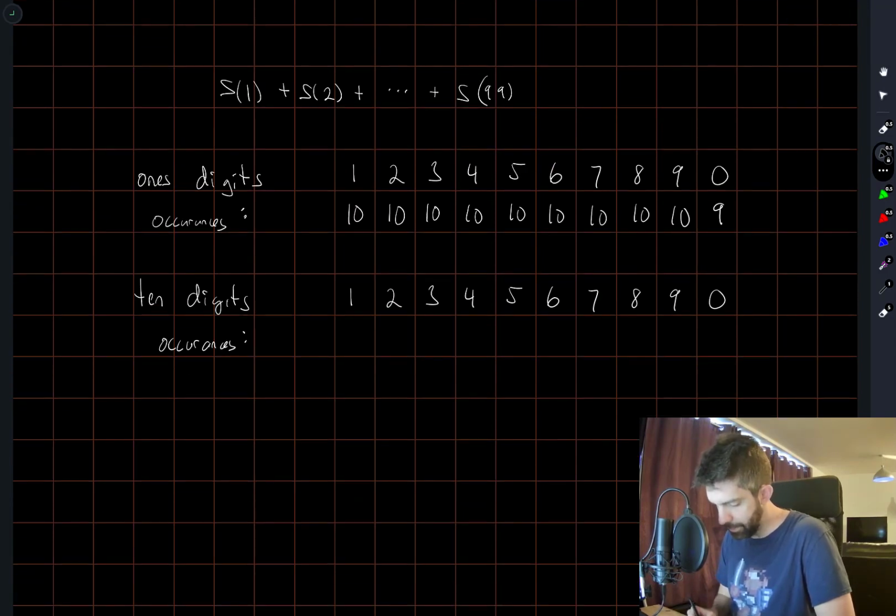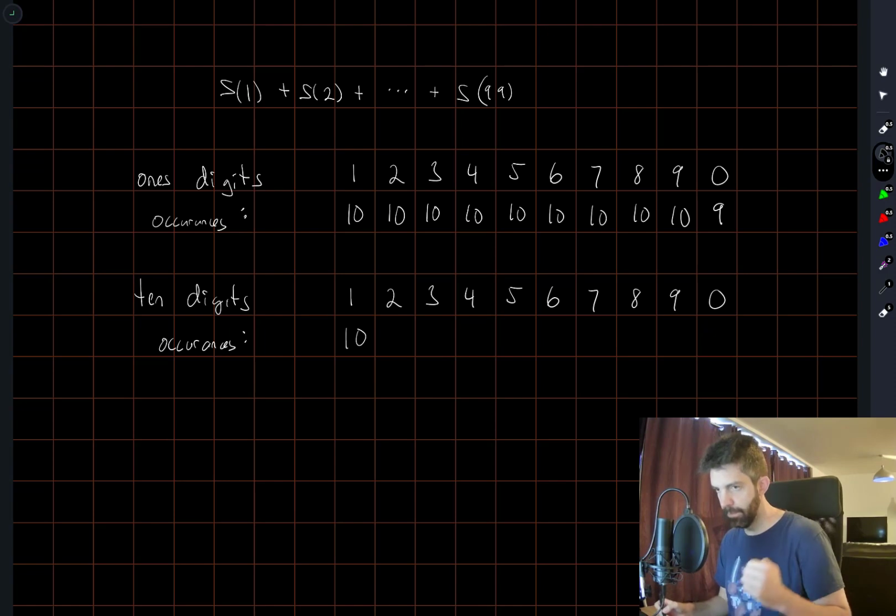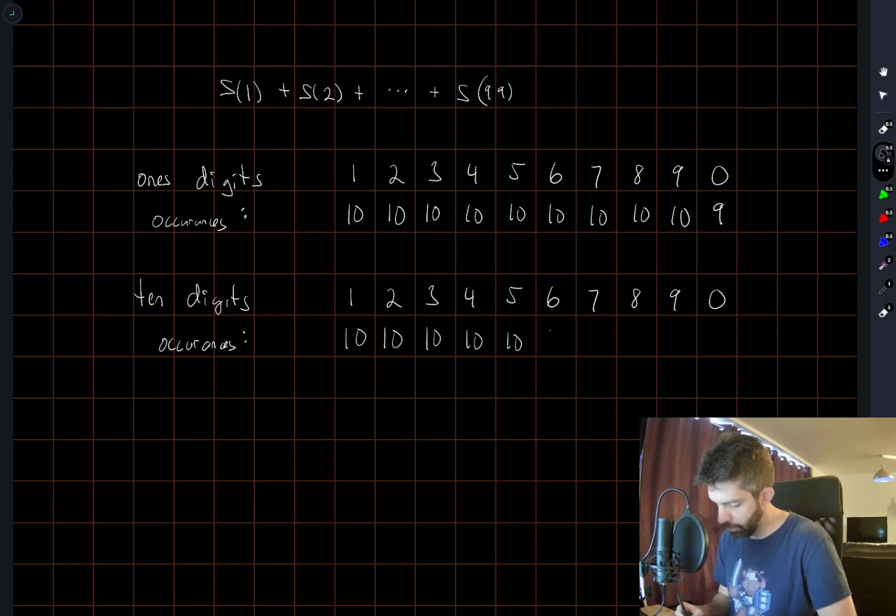So the number 1 appears 10 times from 10, 11, 12 up to 19. In 20 through 29, the number 2 appears 10 times in the tens digit. And this holds all the way up, including 9, from 90 up to 99.